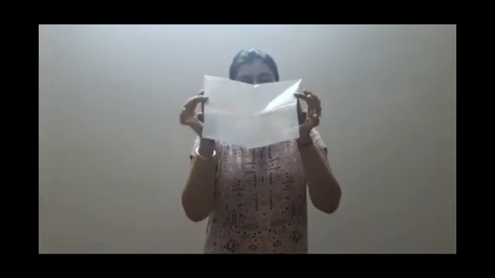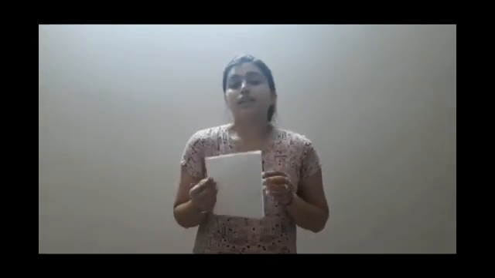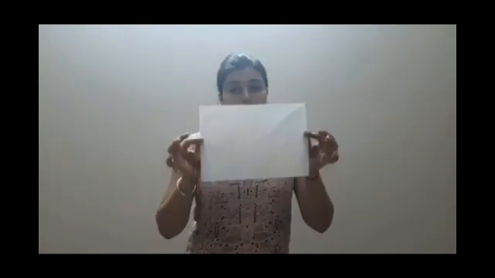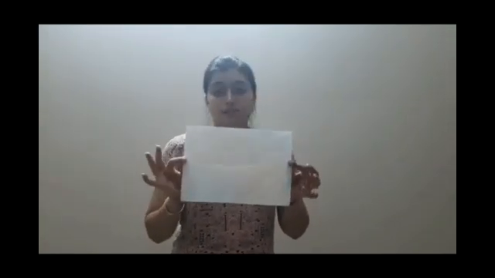When I fold it, I observe that the first part is completely overlapping the second part, you can see, or I can say the first part completely covers the second part. If any shape, when you fold it, the 2 parts completely overlap, then we can say that that shape is symmetrical. Okay, means that rectangular sheet is symmetrical.